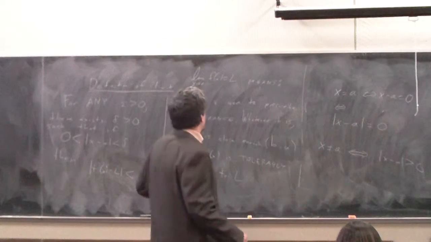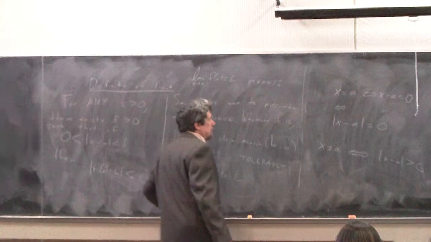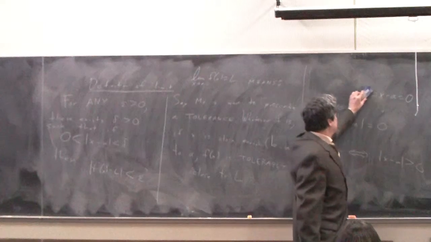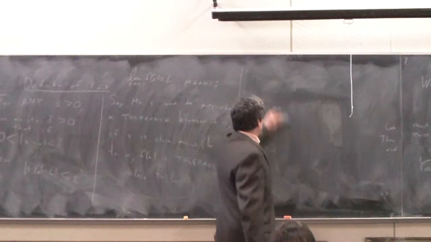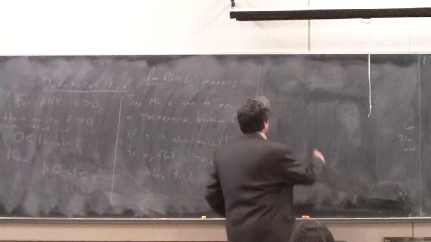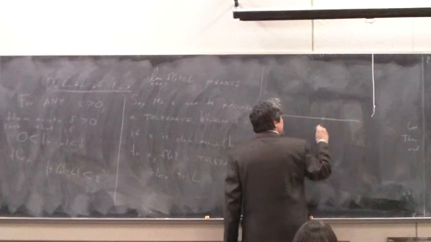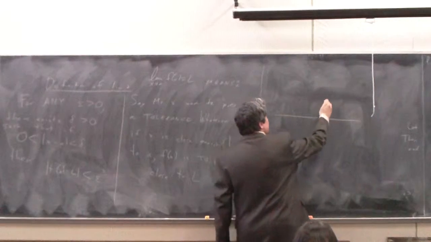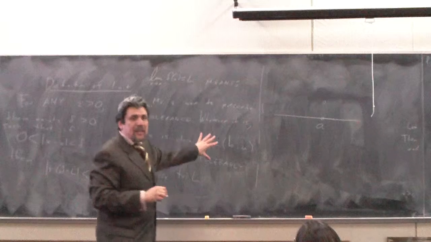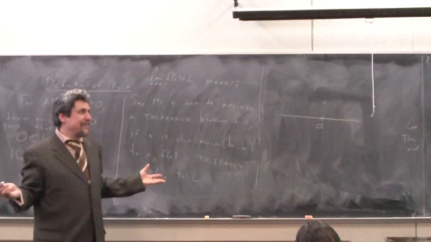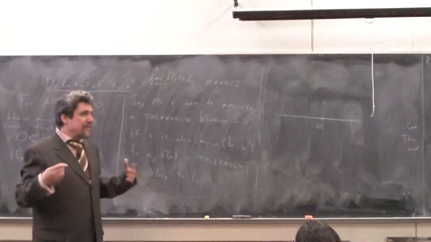But okay, again I'm implicitly saying every word here: where must it be defined? For this definition to make any sense at all, I'm just going to say this once and probably never again. The function doesn't have to be defined at a at all. But for the definition to make sense, it has to be defined near a.